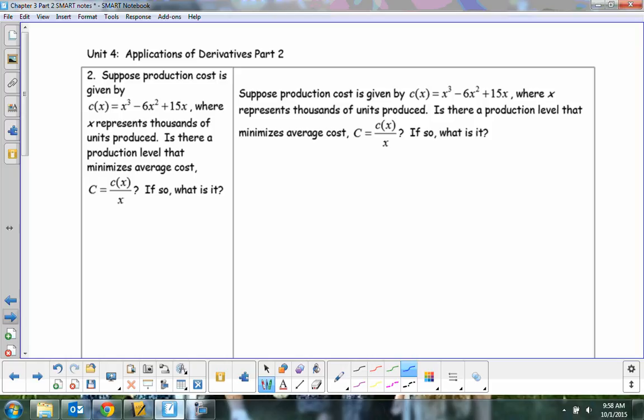Yes, do it. So are you minimizing C of X or C? C.